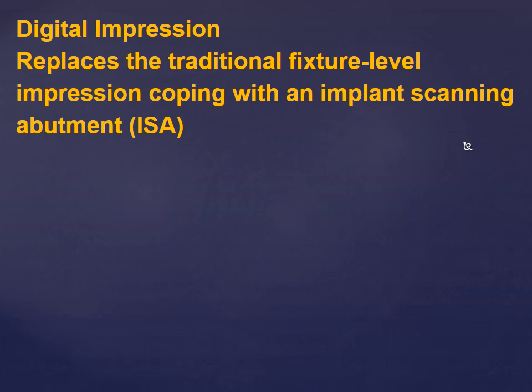Digital impression replaces the traditional fixed level impression coping with an implant scanning abutment. So we must have a special implant scanning abutment, and we cannot use the conventional abutment.